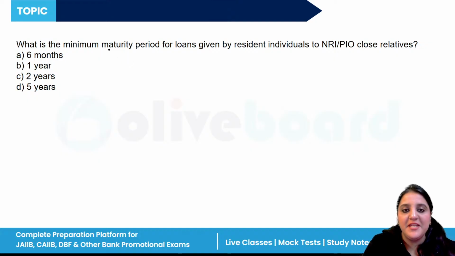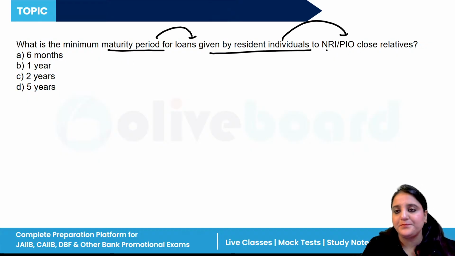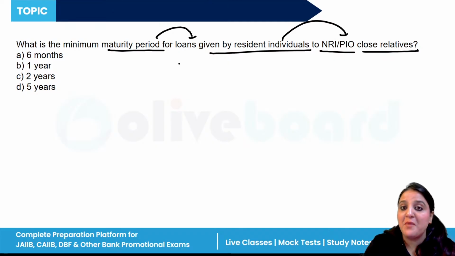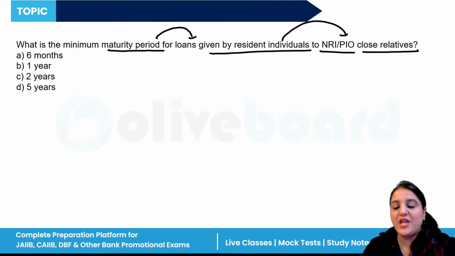So what is the minimum maturity period of loan given by a resident individual to NRI PIO close relatives? See, under the LRS and the RBI regulation, a resident individual is permitted to grant loans to the NRIs and PIO's close relative.